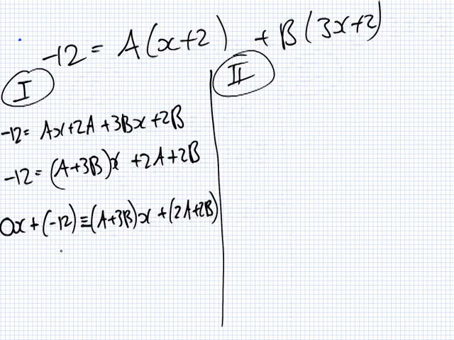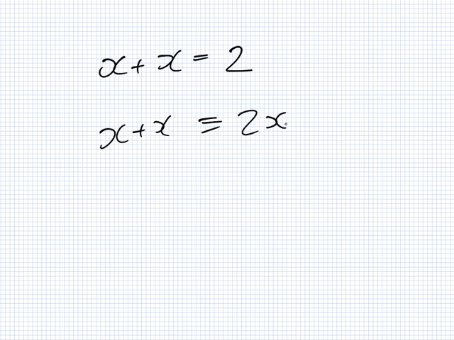The difference is this is an equation because you can solve it. What's x here? 1. This is an identity. You can't solve for x, it's just a statement of algebra.